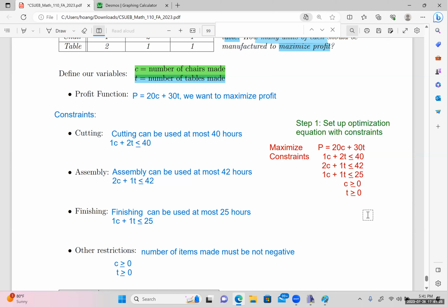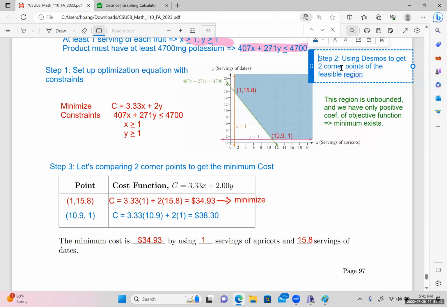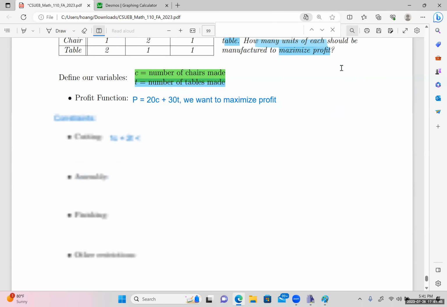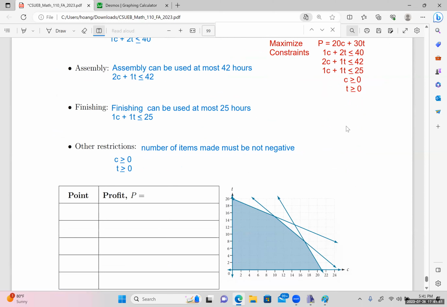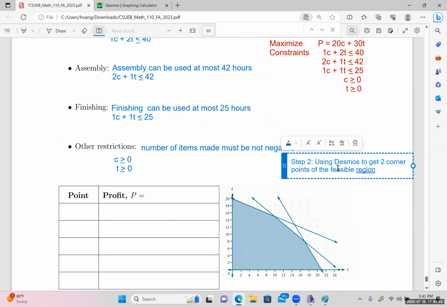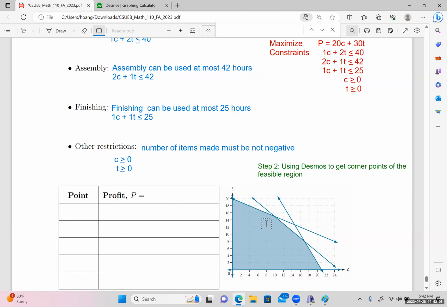All right. So we have maximize and constraints over here. Now we're gonna need to use step 2, which is using Desmos, right? Using Desmos to graph it, to get the corner points of the feasible region. So the feasible region is gonna look like this, okay?